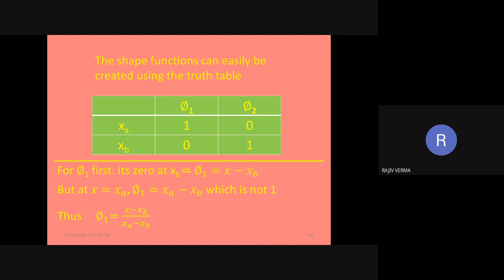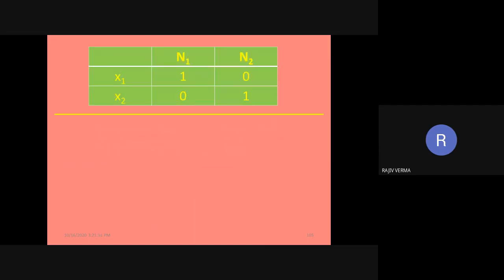Now we are going to repeat this particular step to get the expression for phi2. So since phi2 is supposed to be 0 at xa, therefore we get our expression phi2 is equal to x minus xa. In this particular slide, a notation n has come in. It should be phi in place of n.